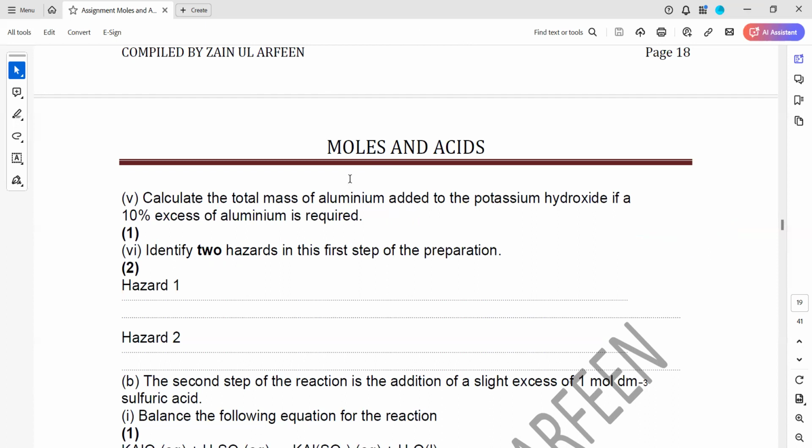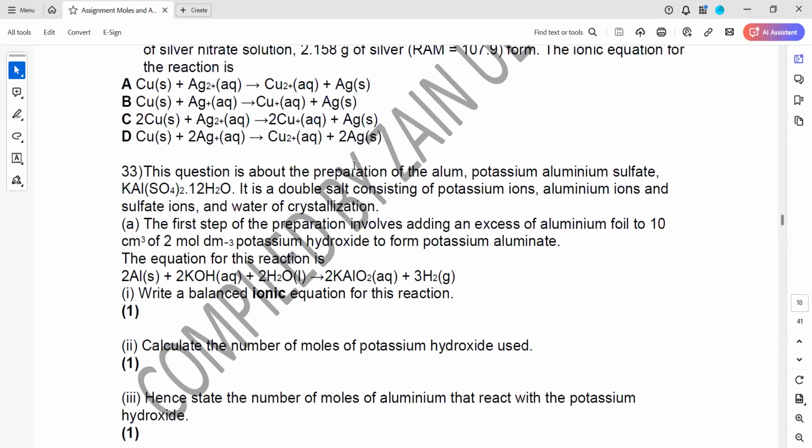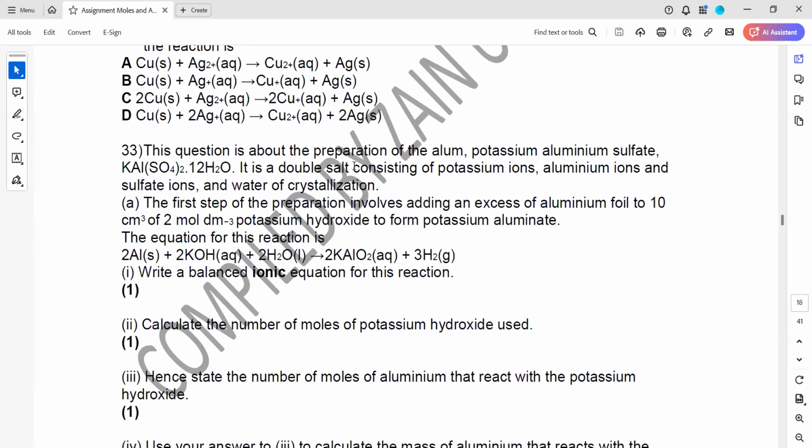Next, identify two hazards in the first step of the preparation. So what are the two hazards when we are preparing this? The first step of the preparation is to add an excess of aluminium foil to potassium hydroxide. Potassium hydroxide is an alkali, so you can say it is corrosive.